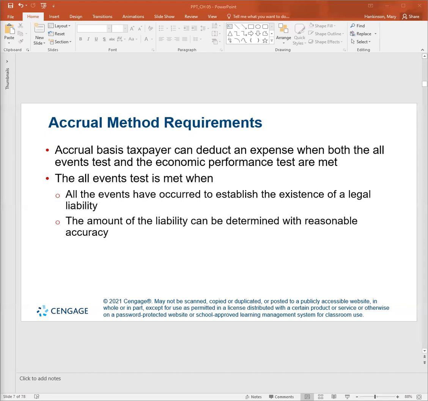The economic performance test is met when the party obligated to do something, and this again is part of the economic, yes. So you have the events test, and then you have the economic performance test. Again, the events test is when all of the events have occurred to establish the existence of the legal liability, and the amount of the liability can be determined with reasonable accuracy.